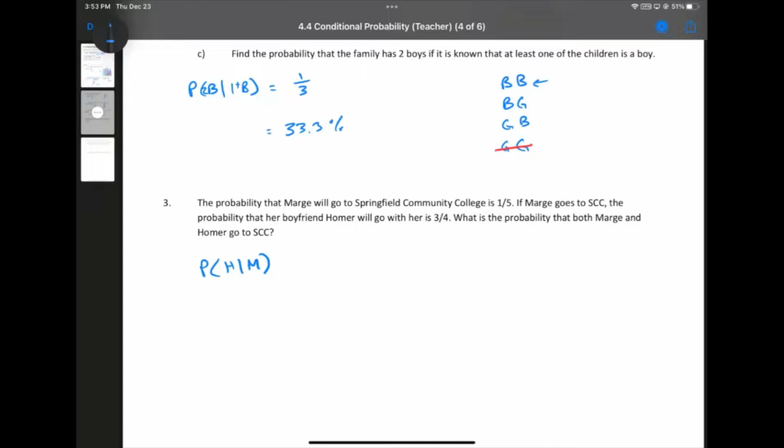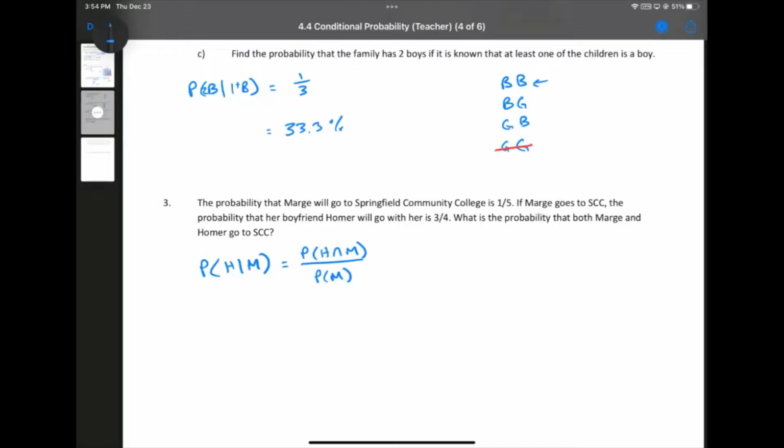That's really the information we're given in the question. And according to our equation, that should be equal to the probability of Homer and Marge both going, divided by the probability that Marge goes.